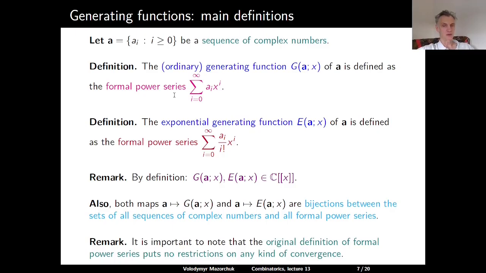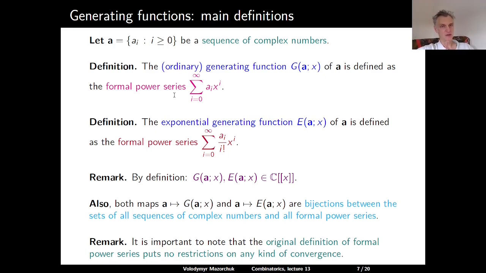And it is very important to note that although we use the word function, by definition, any kind of generating function of some sequence is just a formal power series, and there are no restrictions on any kind of convergence. So we don't say that it should converge to anything. We just define the generating function as a formal power series.